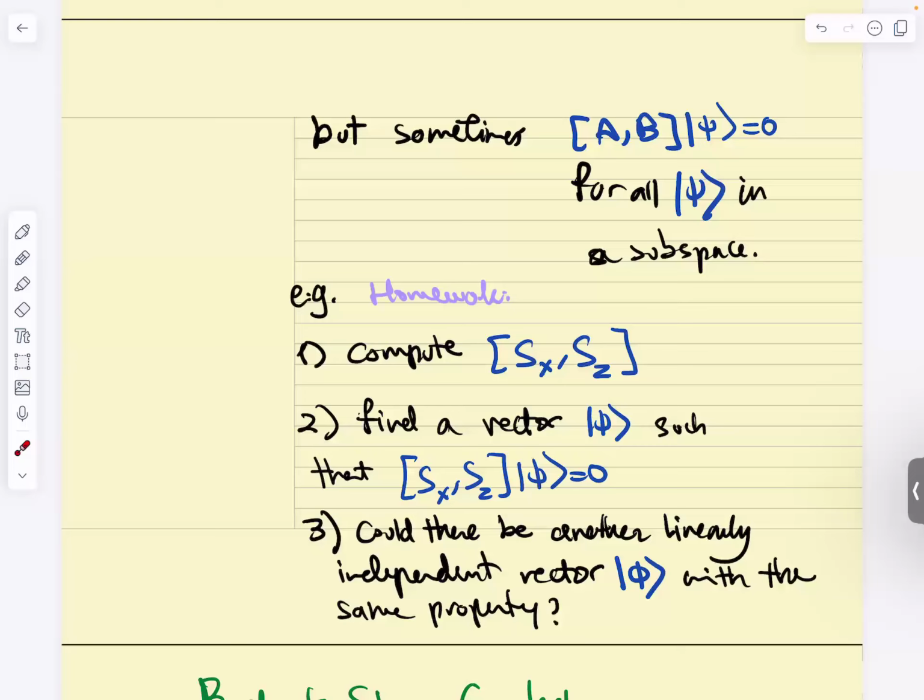How do I know that the spin of silver atoms is half? Because I've measured it. So there is some measurement, the outcome of which corresponds to measuring Sx squared plus Sy squared plus Sz squared.